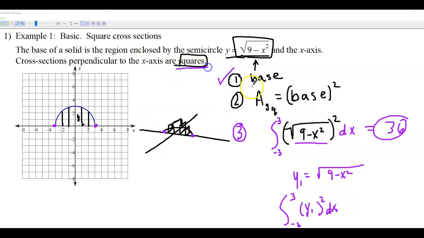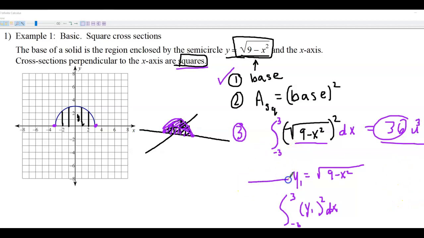Then, since we're doing squares, it's the base squared, which gives you the area of one of these squares here. And then if we integrate from -3 to 3 in step 3, that will tell me the volume of the shape that would end up looking something like this at the end. Okay, and that's the volume of that strange looking shape there, which is about 36 cubic units. We don't know what the units are, but since we're doing volume, those are cubic units.